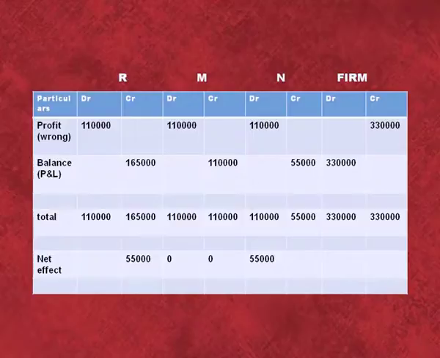R's column is more by 55,000, the credit balance is more, that is why we have written the net effect on the credit side. For M, both the sides are equal, so there will be no net effect. And for N, debit side is more by 55,000, that is why we have written the net effect on the debit side.